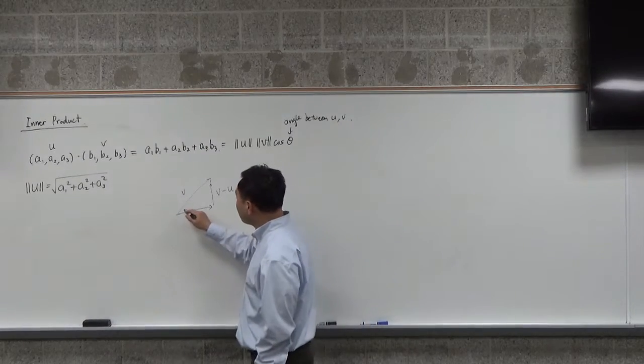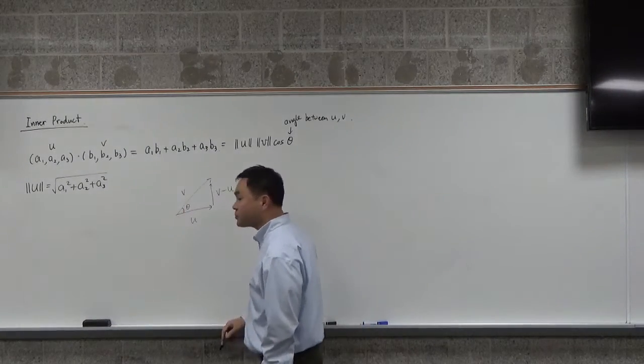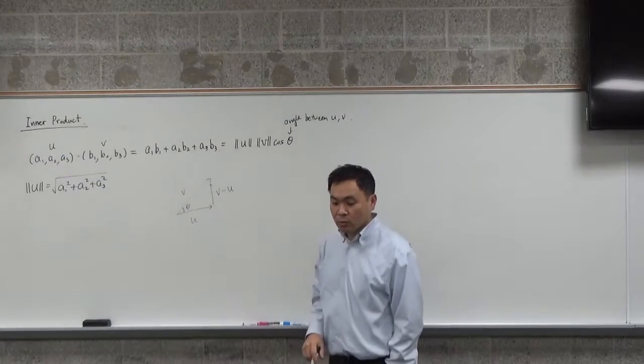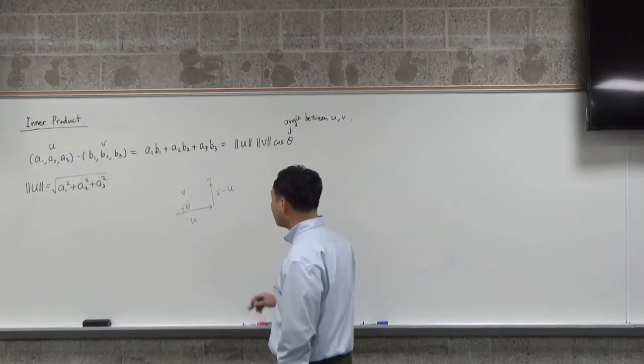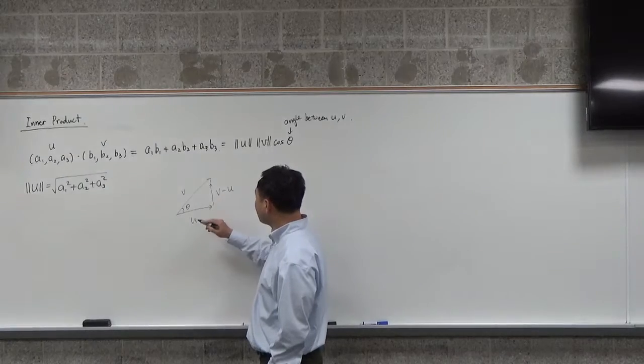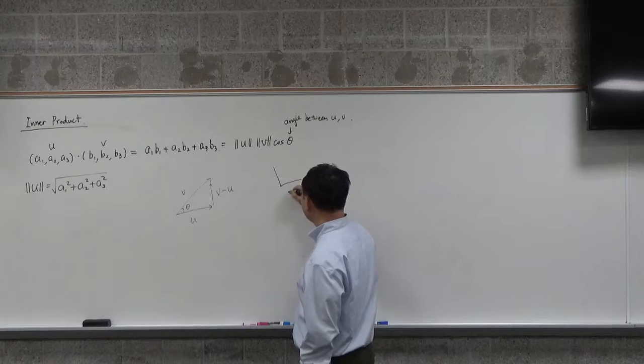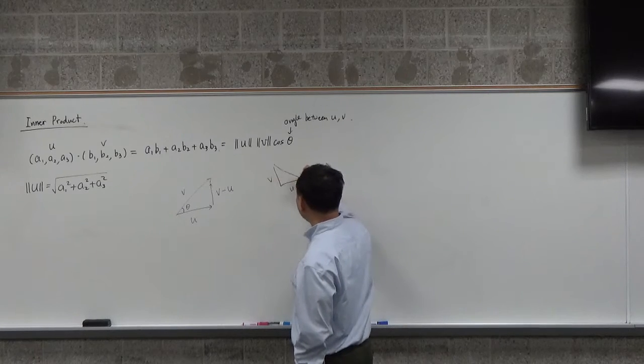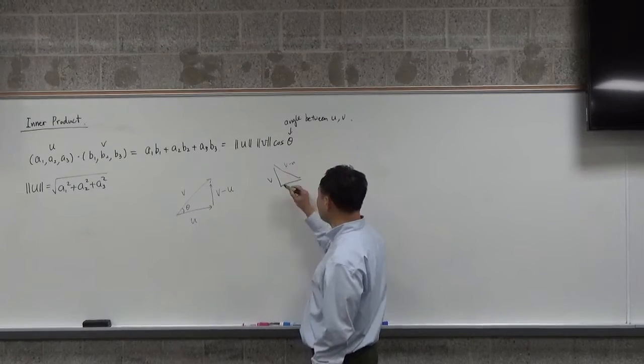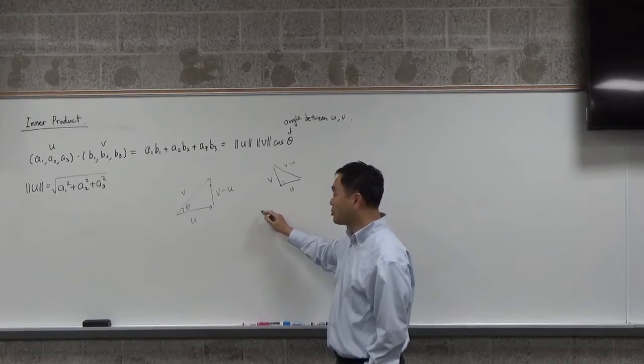And then if I say this angle is theta, if this angle is 90 degrees, with u and v and the other side v minus u, we know that the Pythagorean theorem is true.